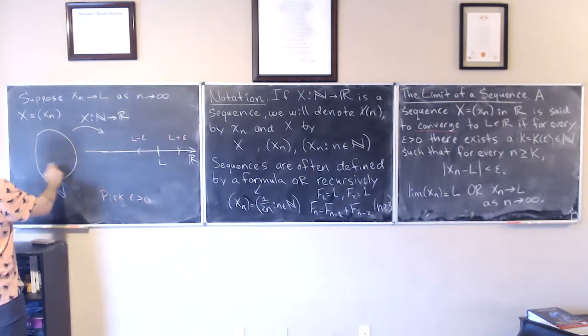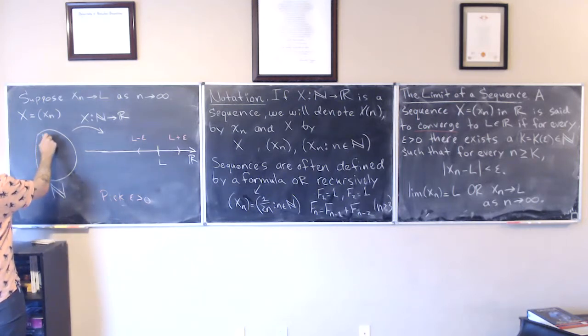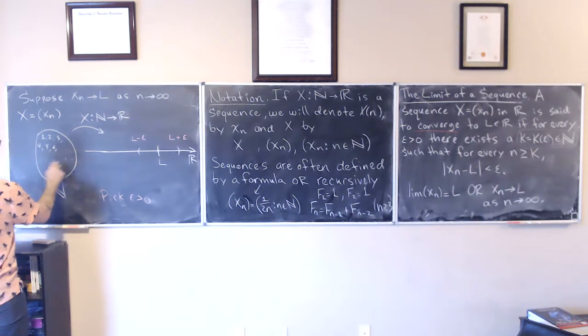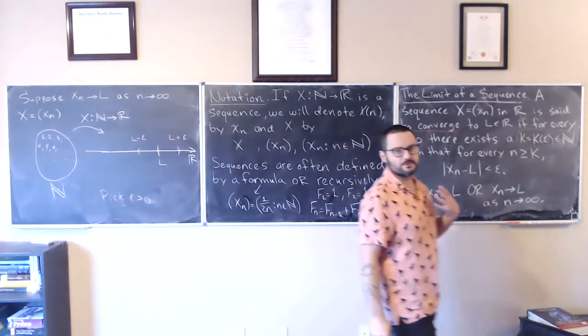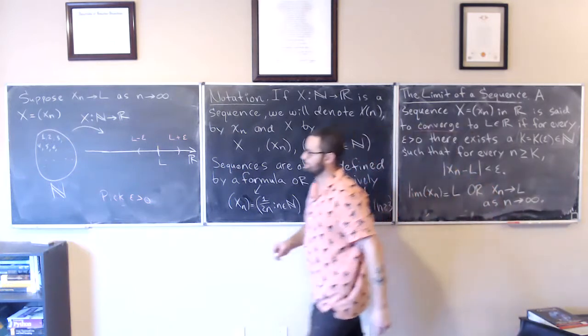And then we have all the natural numbers in here, maybe 1, 2, 3, 4, 5, 6, forever, and each of those natural numbers has an image under the sequence.